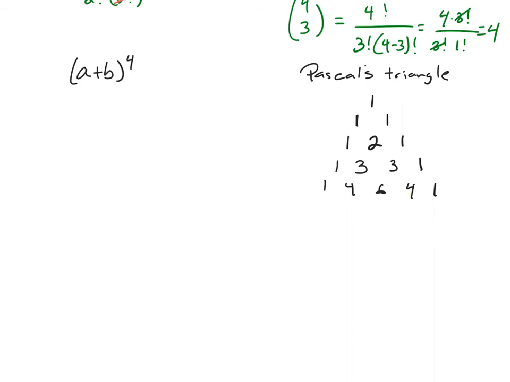Okay. This line right here is going to tell you which degree we're using, which line we're using, right? So this line belongs to when n is 0. So this line is n is 0, n is 1, 2, n is 3, and n is 4.